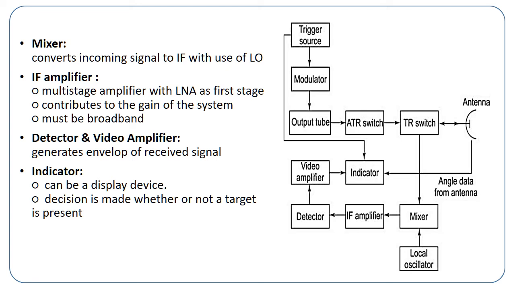These IF signals are then amplified using IF amplifiers. IF amplifiers are multi-stage amplifiers with a low noise amplifier as the first stage. IF amplifier mainly provides the gain of the system. IF amplifier must be broadband to allow use of narrowband pulses. For achieving this, synchronous stagger tuned multi-stage configuration is used.